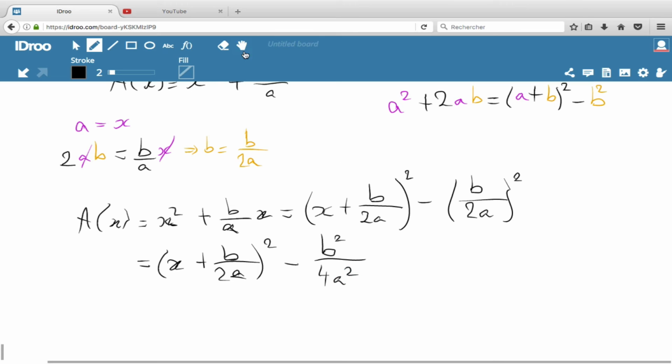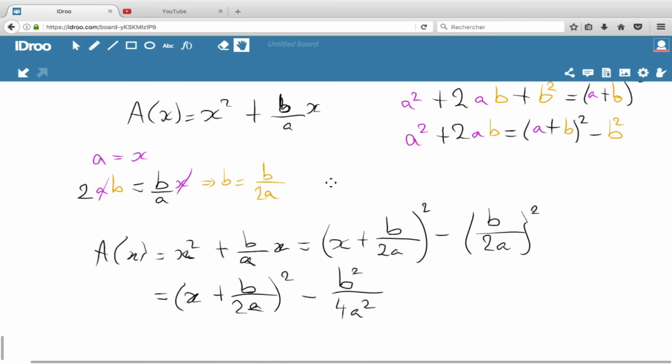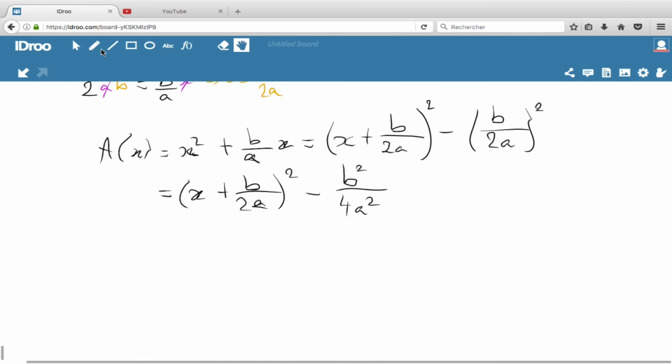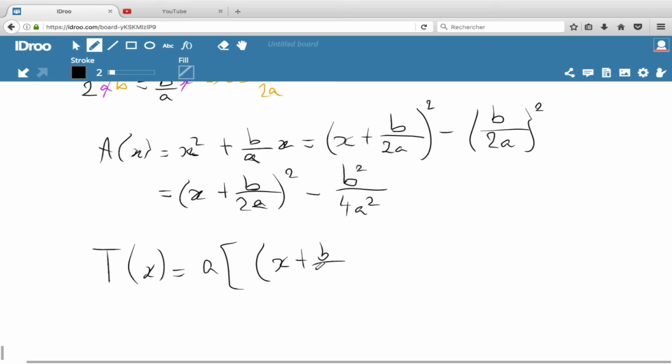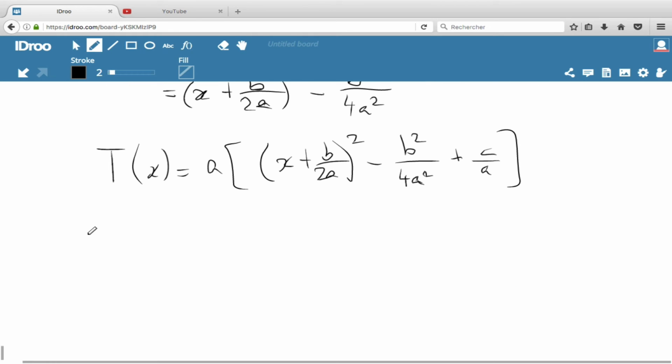So now, if we come back to our formula, we've got t of x equals a times x plus b over 2 times a, all squared, minus b squared over 4 times a squared, plus c over a. And now we can continue to compute.